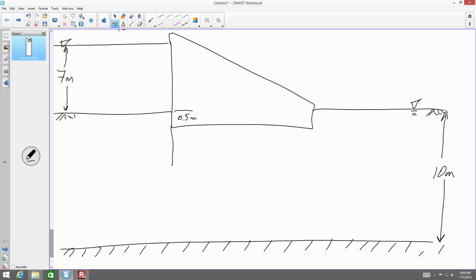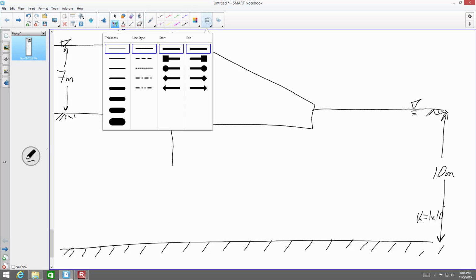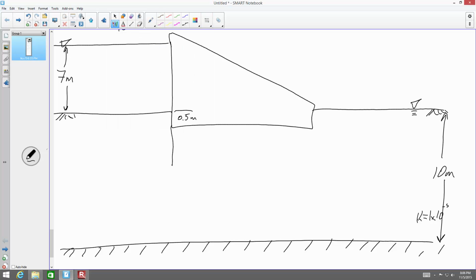K for the soil is 1 times 10 to the minus 5. Oops, centimeters. Let me zap that. Times 10 to the minus 5 centimeters per second.